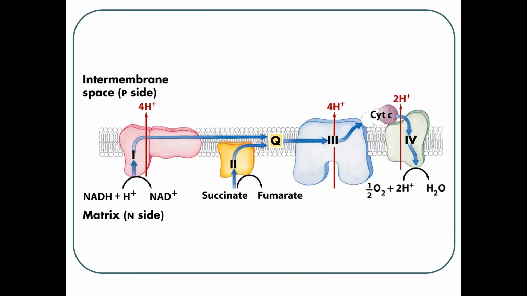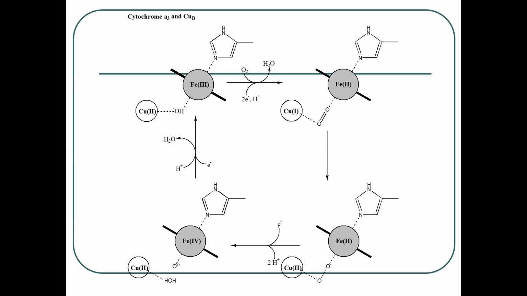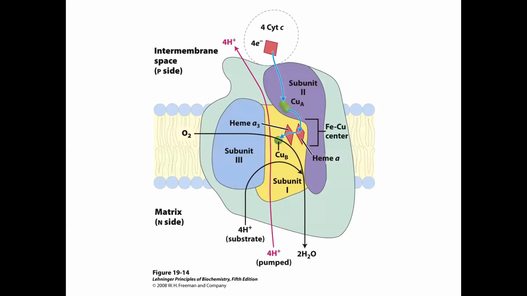Dr. Baratovich, in the previous slide to the other slide, there's 4 hydrogens that bind to form the water, and then it says 4 hydrogens that are pumped. Those are different ones. Why? That means you have a disparity of 4 protons from either side of the membrane.